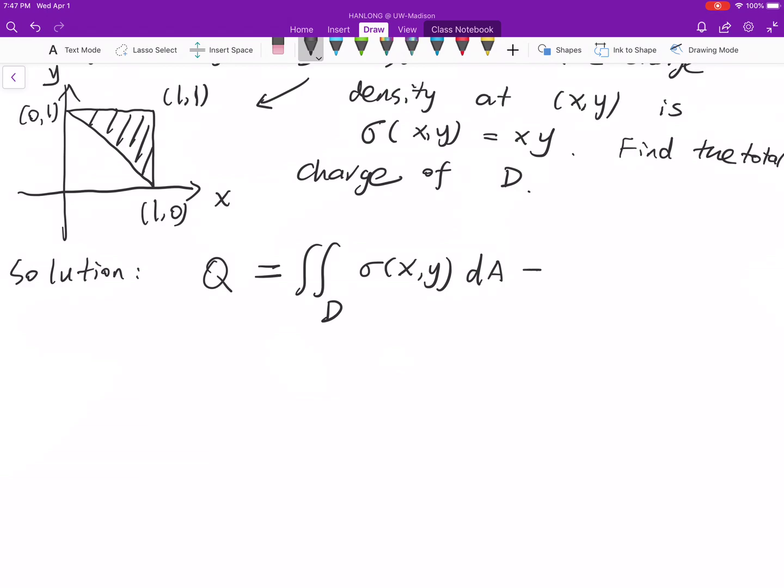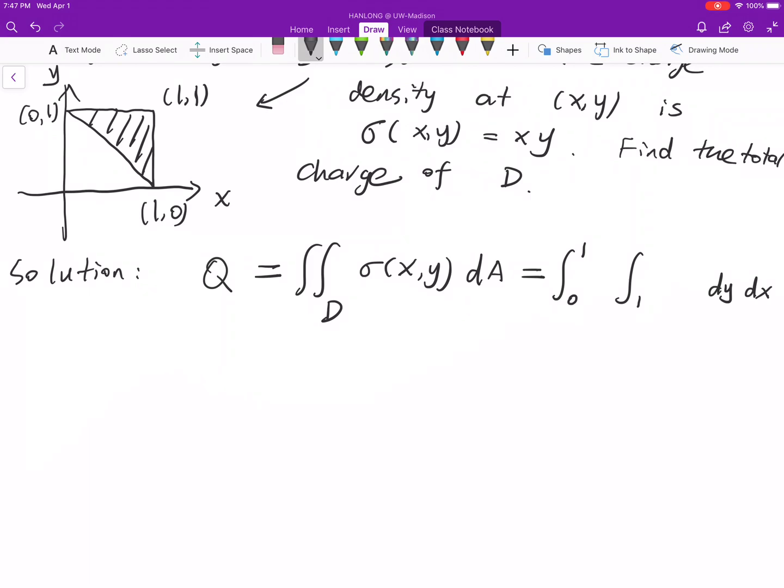So I will choose it as type 1. So first, inside you have integration with respect to y. Outside you have integration with respect to x. And to determine the interval, you go from outside to inside. For x, you integrate from 0 to 1.